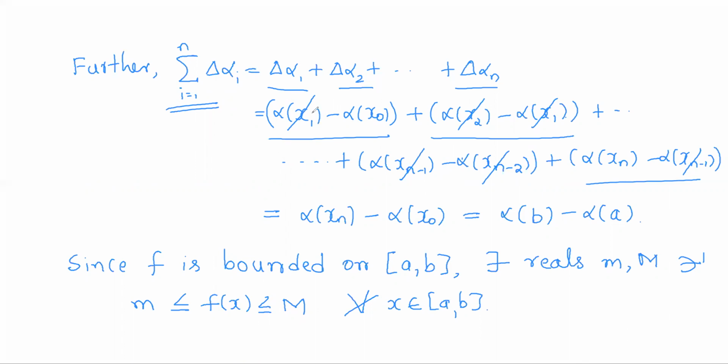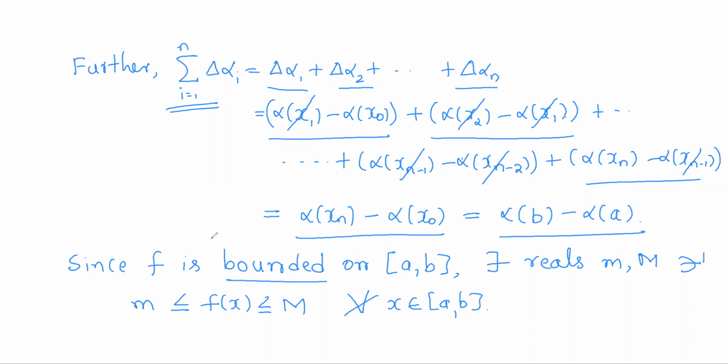In every term, the first term gets cancelled with the second term of the next term. So if you cancel the common terms with opposite signs, finally you will obtain alpha xn minus alpha x0, which is nothing but alpha of b minus alpha of a.